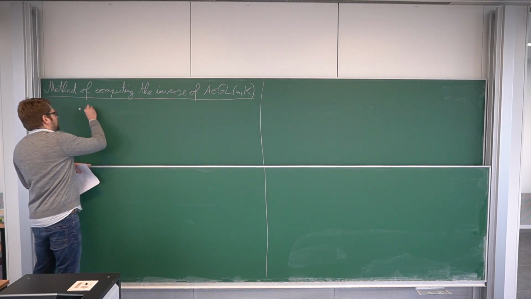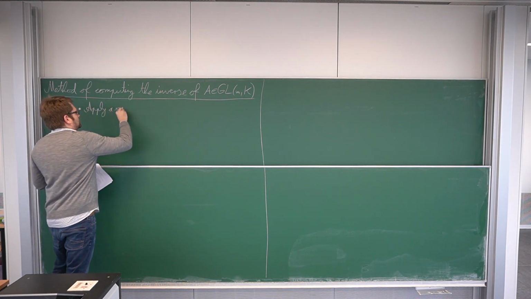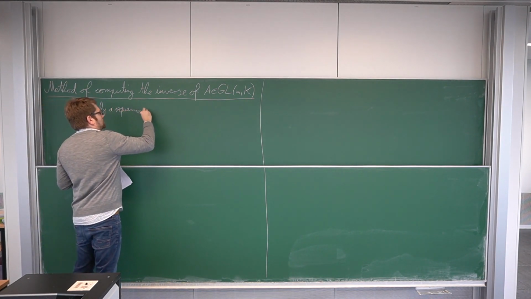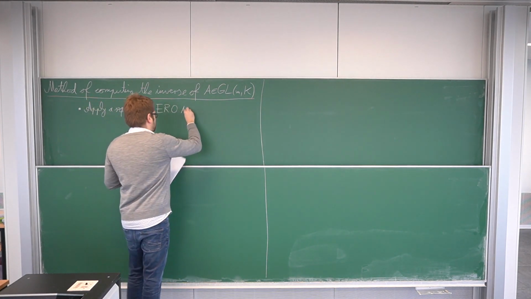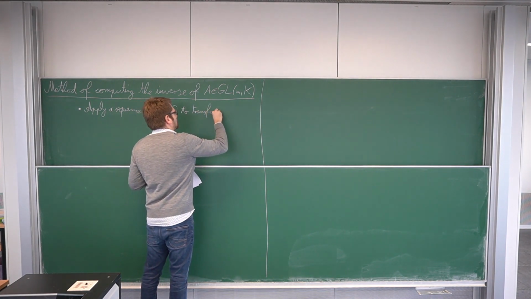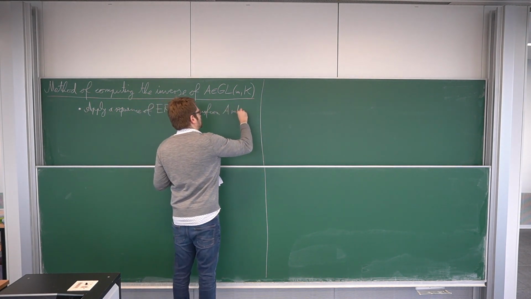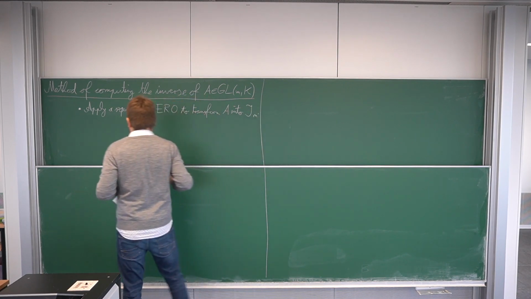So apply a sequence of elementary row operations to transform A into the identity matrix I_n.